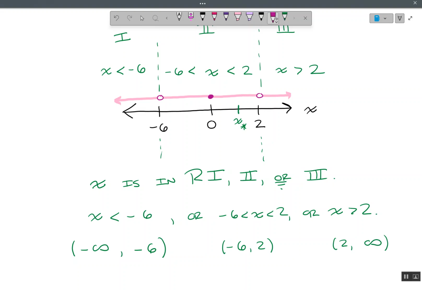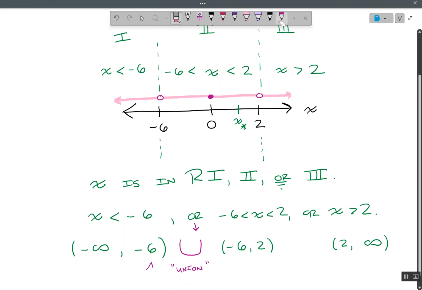So this or we can symbolize like so. This is a big U, which stands for union. It means bring these two together. Consider them together in an or sense. We can be in the one on the left or the one on the right.